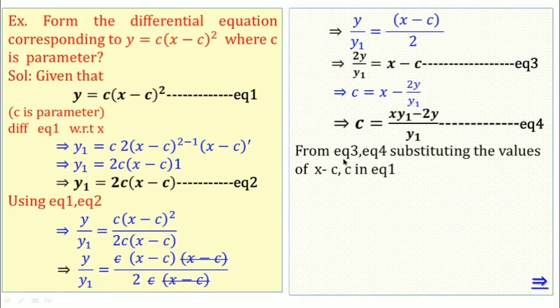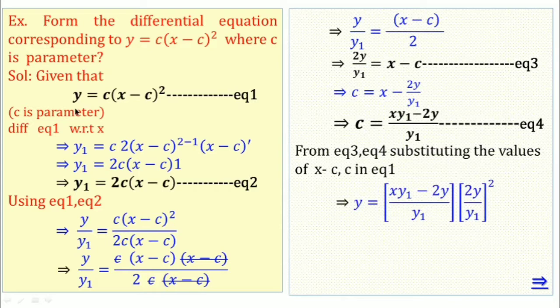From equations 3 and 4, we substitute the values of x minus c from equation 3 and c from equation 4 into equation 1. This is equation 1. So we get y is equal to the c value, (x y1 minus 2y) by y1, into x minus c, which we can put as 2y by y1, and for this x minus c we have the whole square.